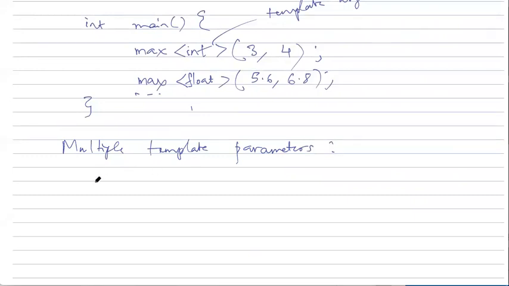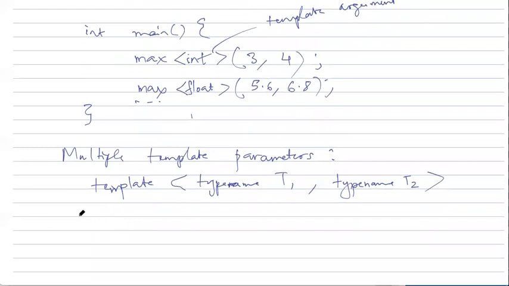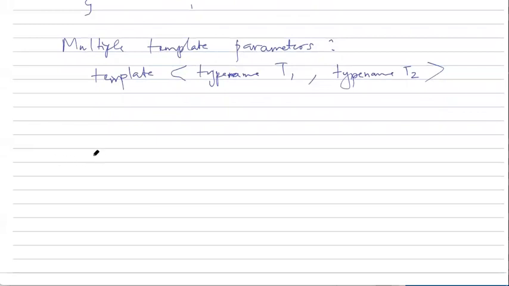You can easily specify something like this: template, and then you can write typename T1, comma, typename T2, and like that, right? You can have more than one template parameter. Okay. All right, so that's hopefully clear. Now let's just quickly look into how a non-type template parameter would look like.